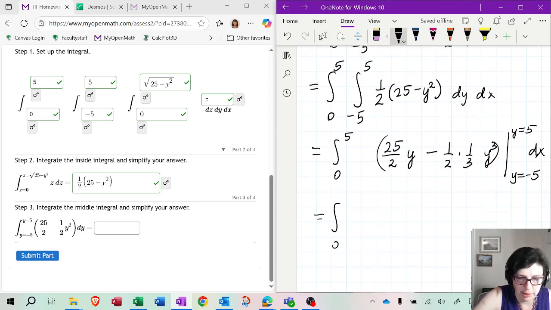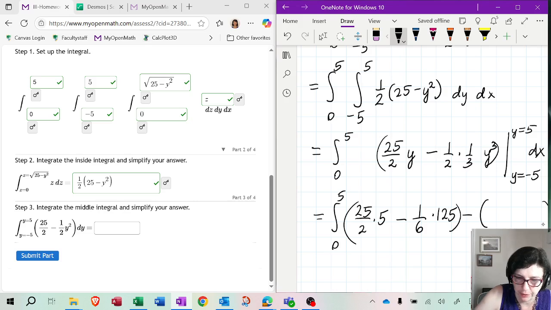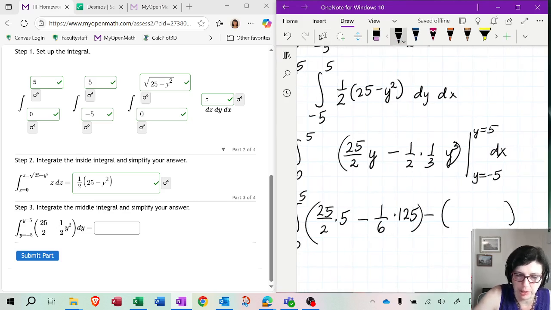Okay, so let's go ahead and compute this. So first we substitute 5, which we're going to get 25 over 2 times 5 minus 1 over 6 times 5 cubed, which is 125. Okay, minus, now let's substitute negative 5 and be very careful with those negatives. So we substitute in negative 5, that'll actually be minus right here.